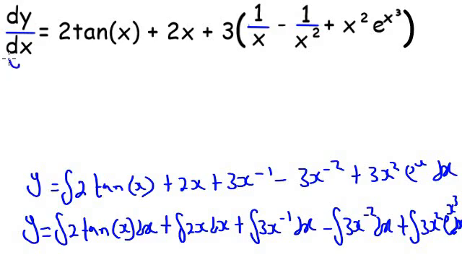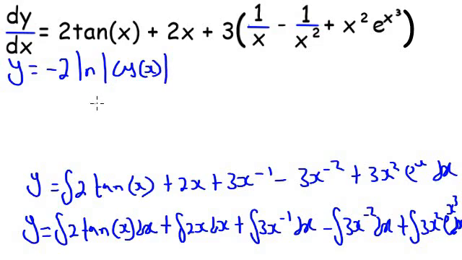So we now have y equal to the integral of 2 tan x dx, which will become negative 2 ln absolute value of cosine x. This might be a little bit tricky for you to understand, so let's try to show it out.